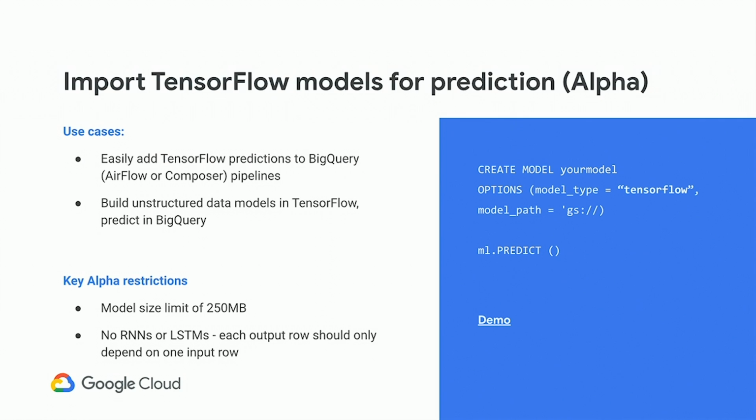During alpha, we have a model size limit of 250 MB, and we have a restriction that your output row needs to depend on one input row, which means you cannot yet import RNNs or LSTMs. But this works for most TensorFlow models that satisfy these conditions.